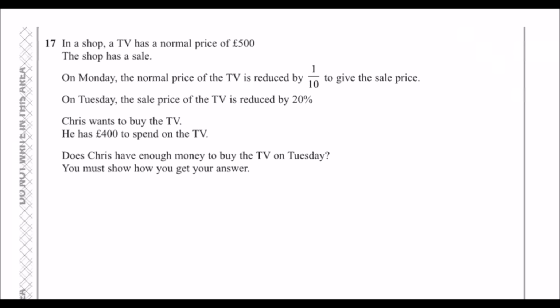Question 17. In a shop, a TV has a normal price of £500. The shop has a sale. On Monday, the normal price of the TV is reduced by 1/10 to give the sale price. So 1/10 of 500 is 500 over 10, which is 50.